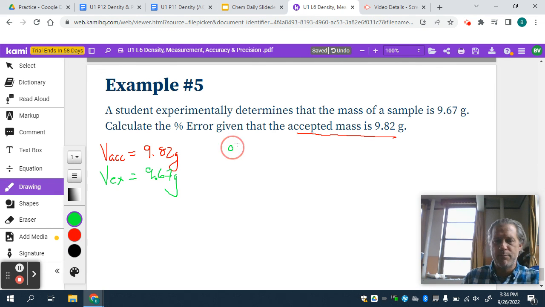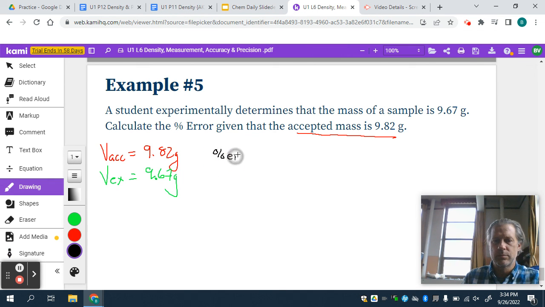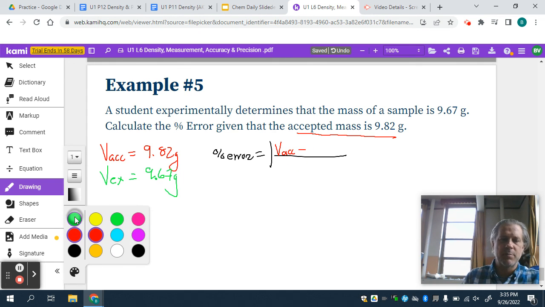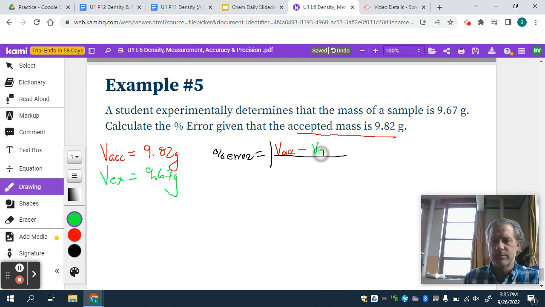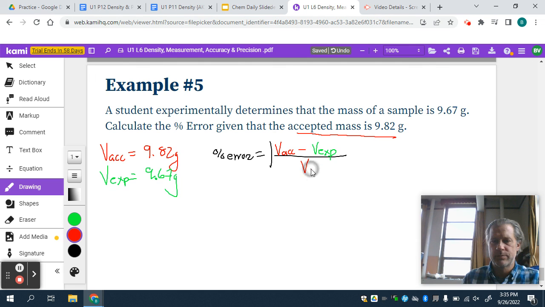So we know that percent error is equal to value accepted minus experimental over value accepted times 100.